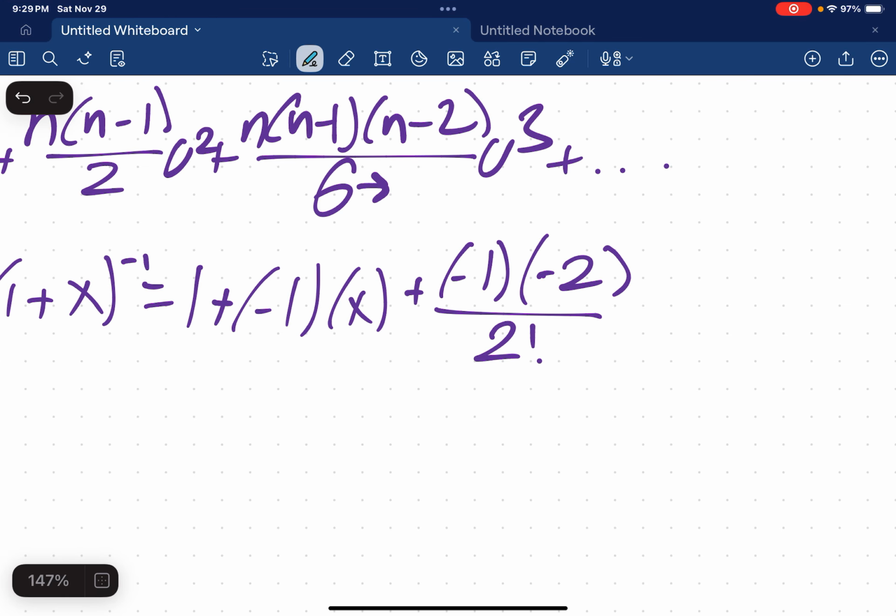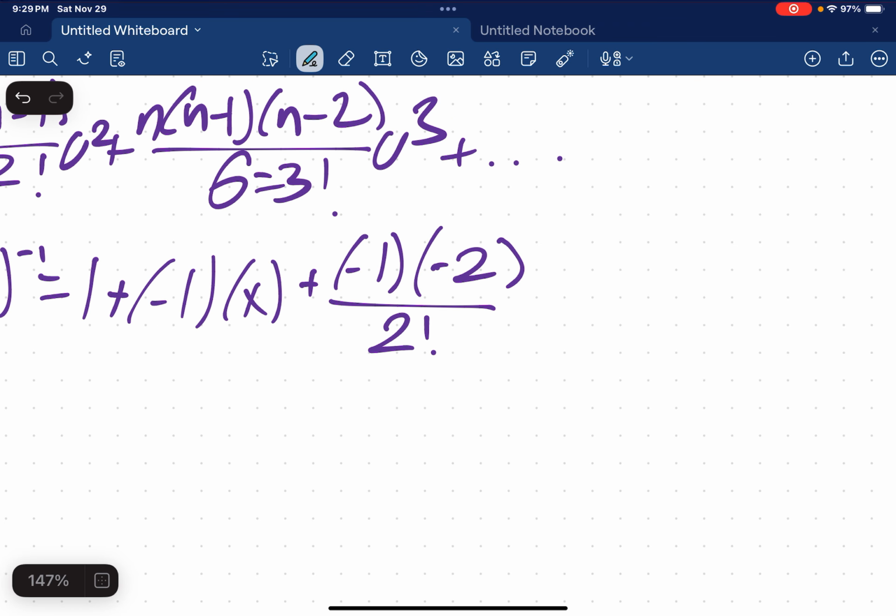That's where this 6 came from: it's 3 factorial, so it goes 2 factorial, 3 factorial, 4 factorial, and so on.